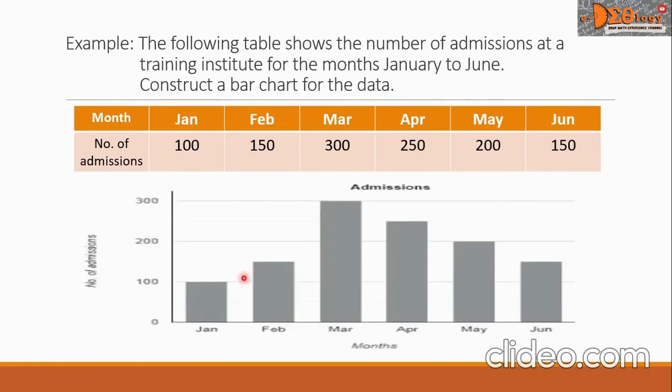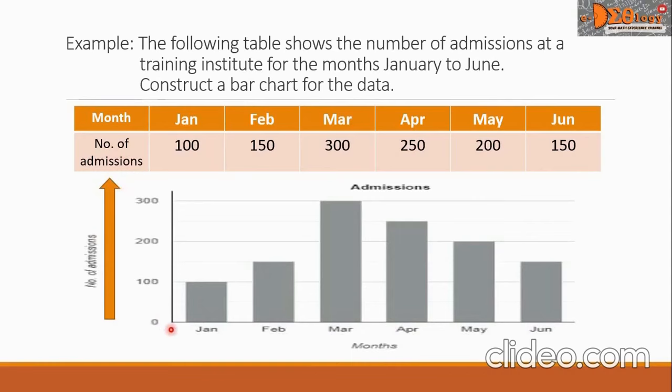Here is the bar charts corresponding to the given problem above. Take note that this is our horizontal line, and the category month is listed in here. Also, this is our vertical line here, and the number of admissions or frequency is assigned here.